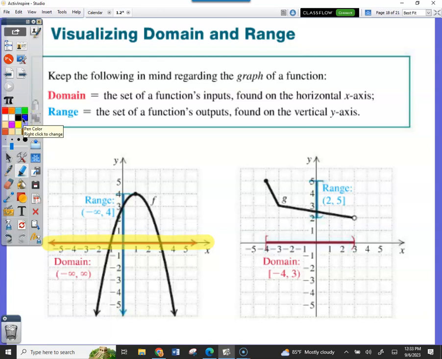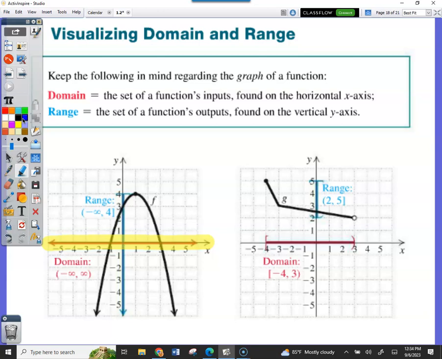The range is what y values would appear in the t-table. And so my question to you is to start training yourself, like turn your head sideways, and then look at the y-axis the same way you just did the domain and the x-axis. So like, is there a y value of 5 anywhere on this graph?